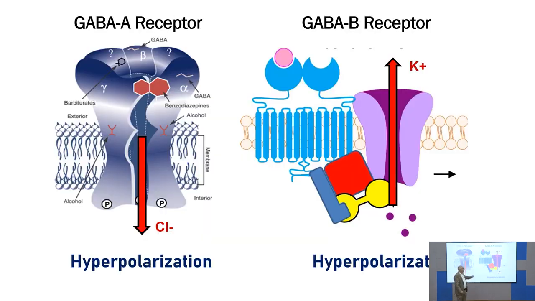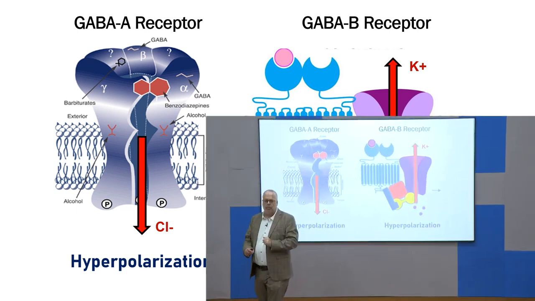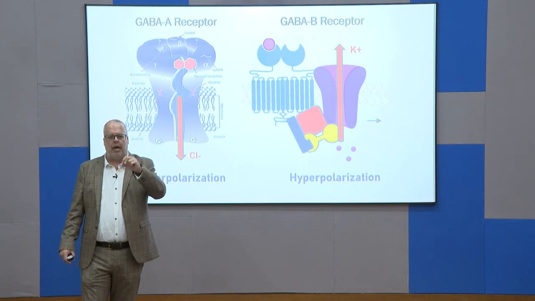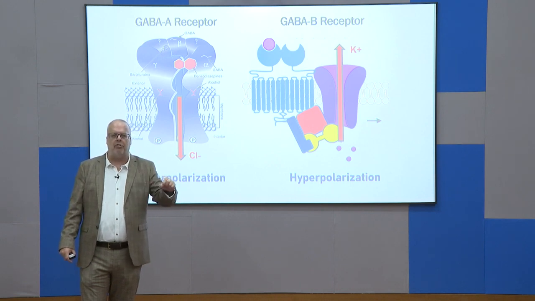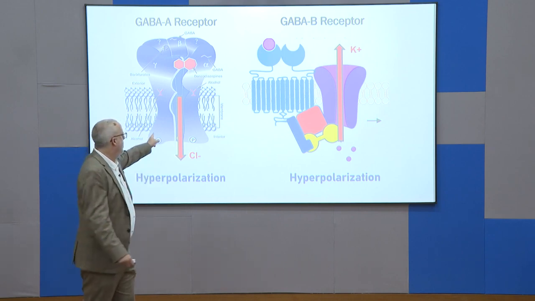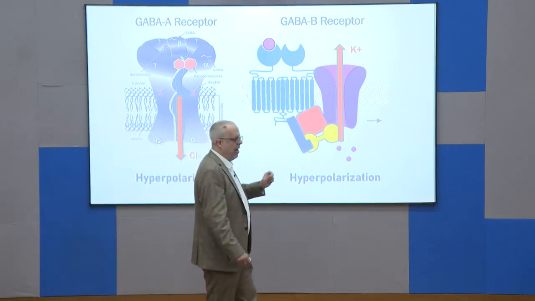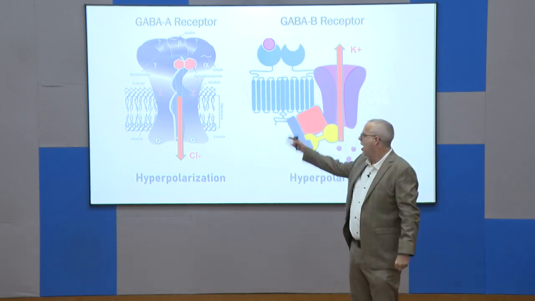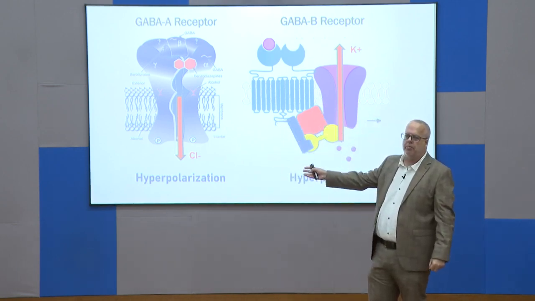So again, let's look at 2 examples. Now, I just showed you GABA here a moment ago, and if you recall from our last episode, we think of GABA as the primary inhibitory neurotransmitter in the brain because it hyperpolarizes. We already established that with a GABA A receptor, if GABA binds, the channel opens, and we have chloride flow in.